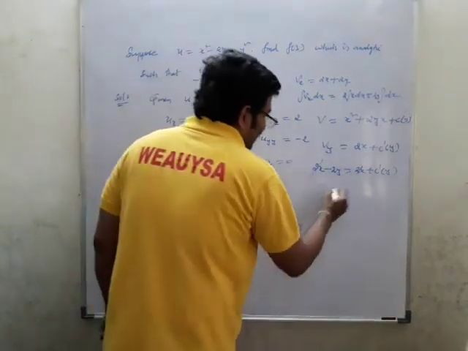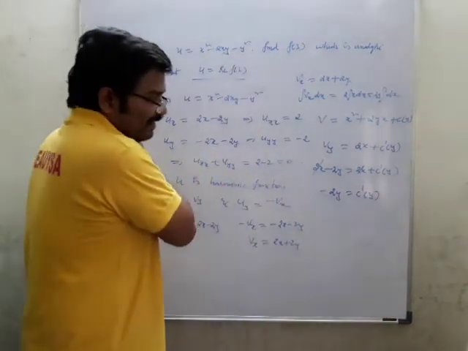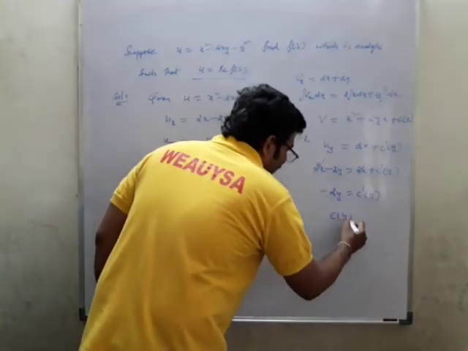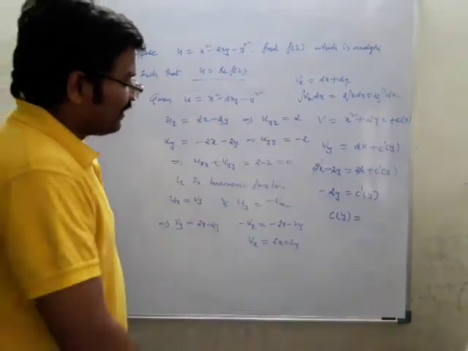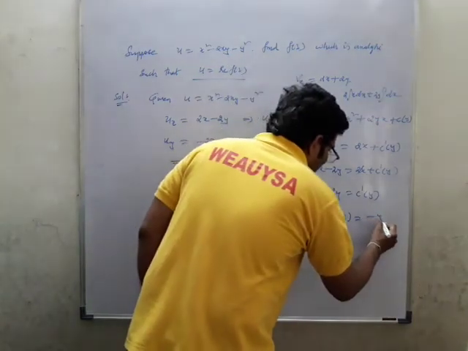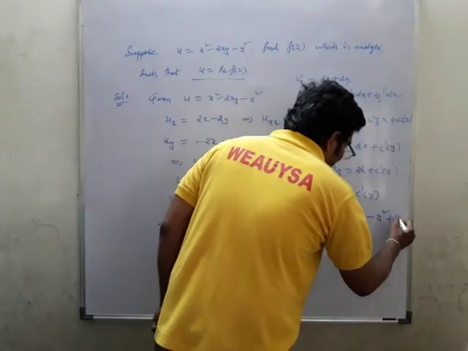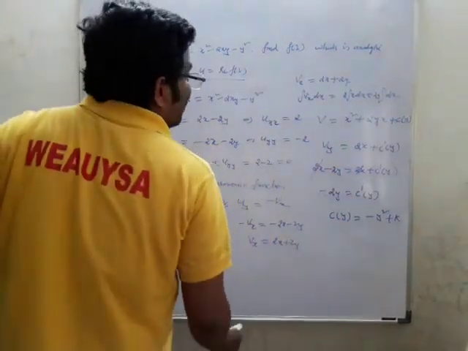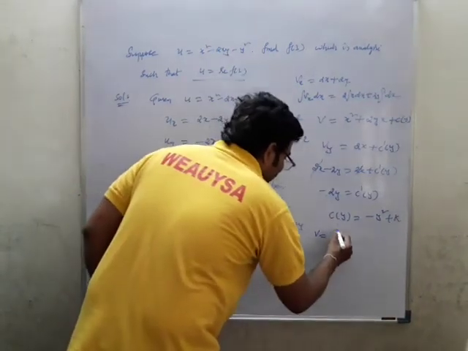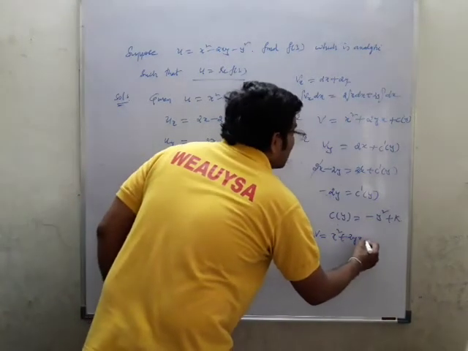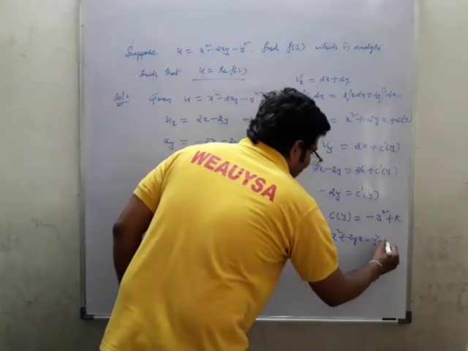So this 2x gets cancelled, and minus 2y is equal to c dash of y. Therefore, if you integrate, c of y is equal to minus y square plus some constant k. We substitute this in, so v is equal to x square plus 2yx minus y square plus k.